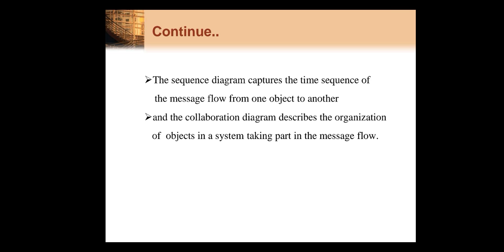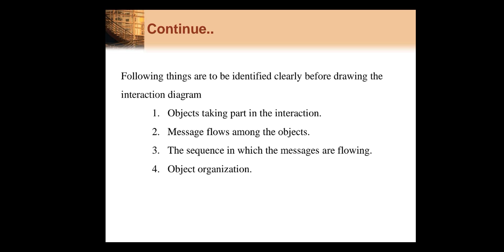Then how the different parties are communicate with each other, who is participating first, who is next, all these things are represented with the help of the time sequencing of the message flow. The collaboration diagram describes the organization of the objects in a system taking part in a message flow.